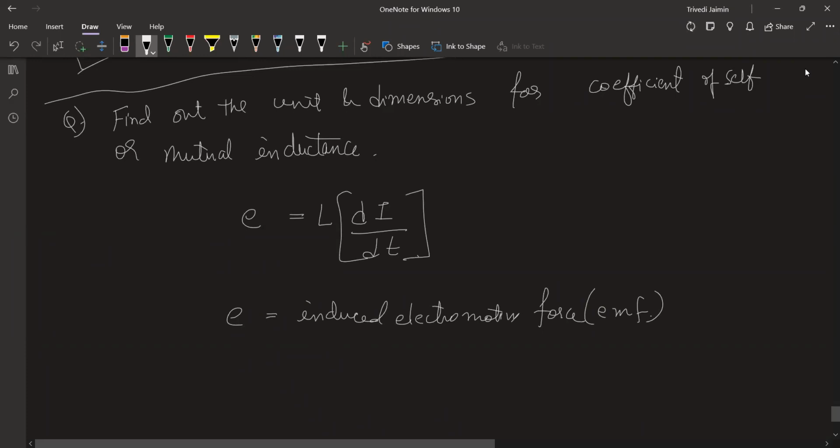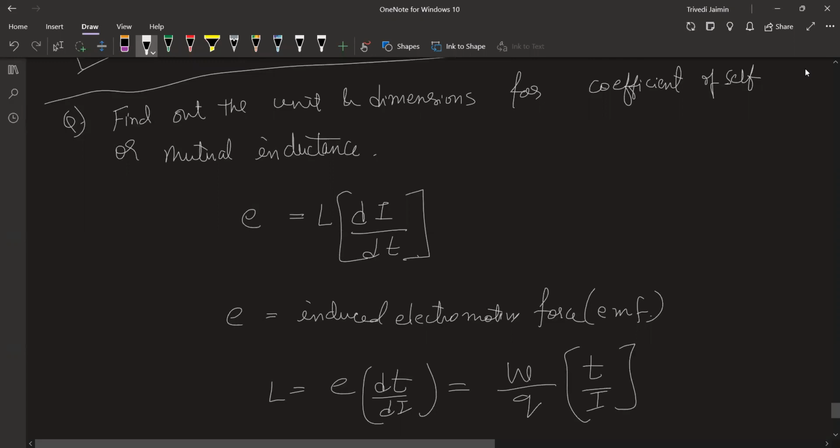So in short, we need here L equals E dt by dI, which equals W by Q, T by I.